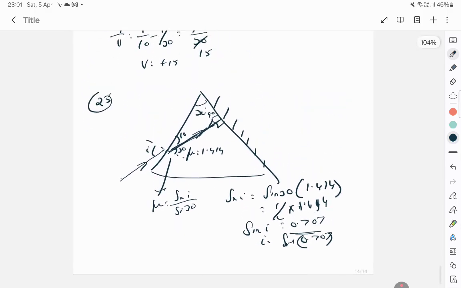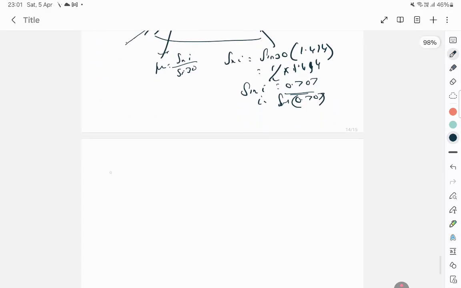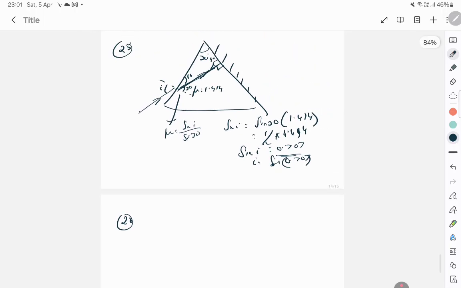So let's go to the 26th question. A thin lens made of a material of refractive index mu has a focal length f. If the lens is placed in a transparent medium where the refractive index of the medium is lesser than the refractive index of the material, so the medium in which you are placing is lesser than, just like glass placed in water.